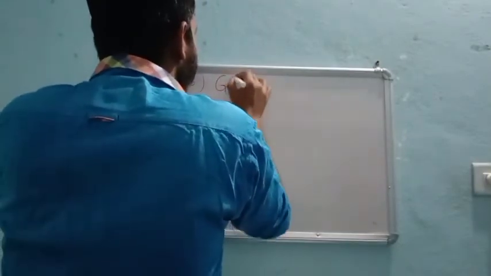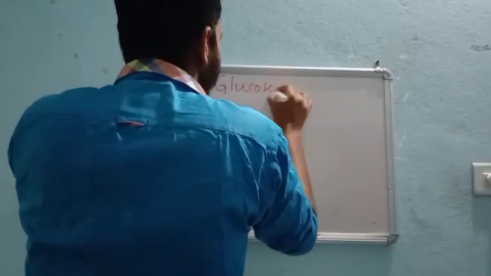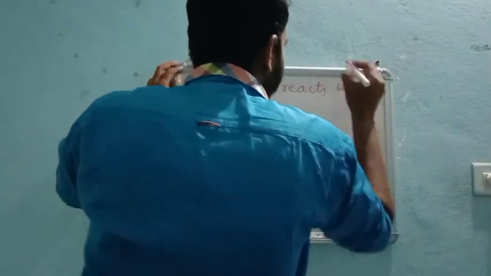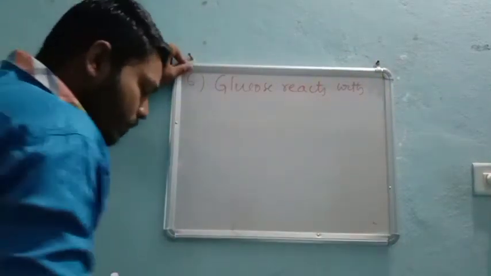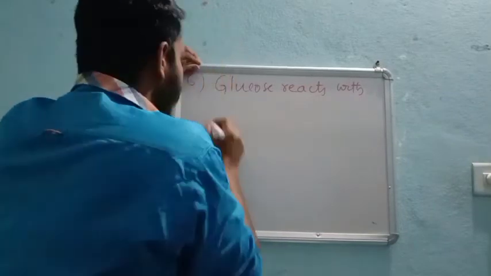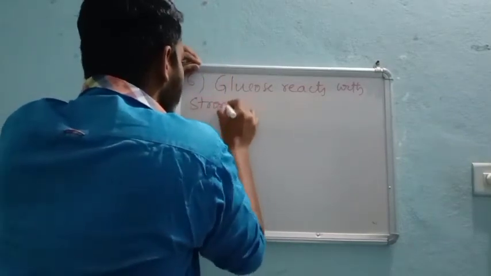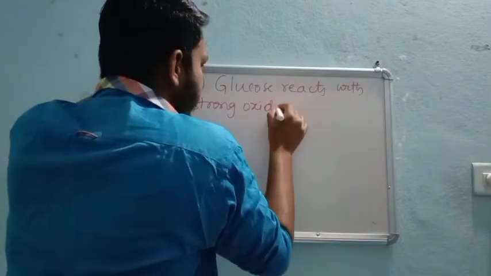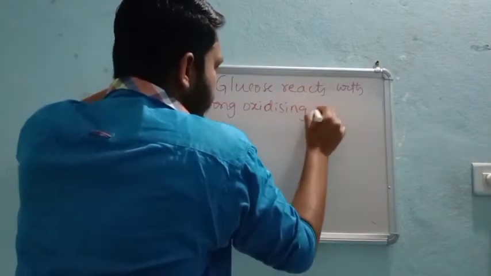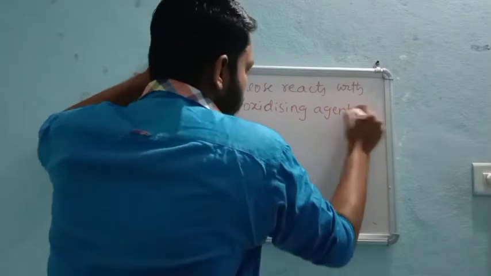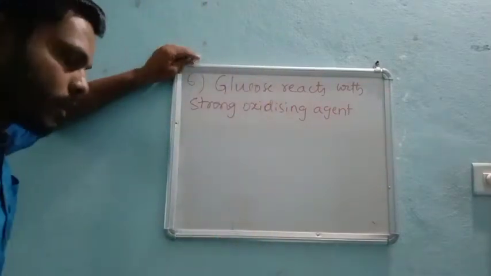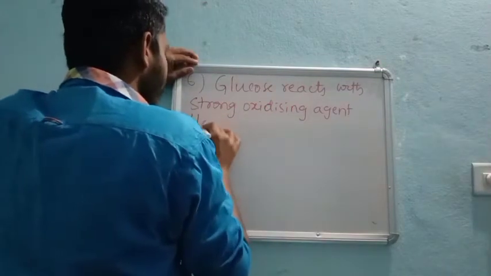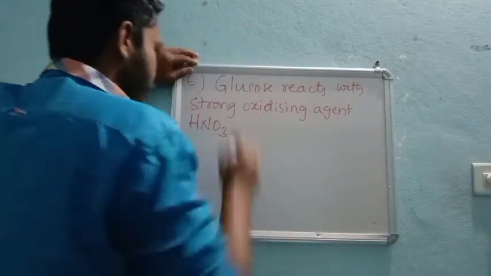If you want, you can note this. Glucose reacts with a strong oxidizing agent, HNO3, that means nitric acid, right?